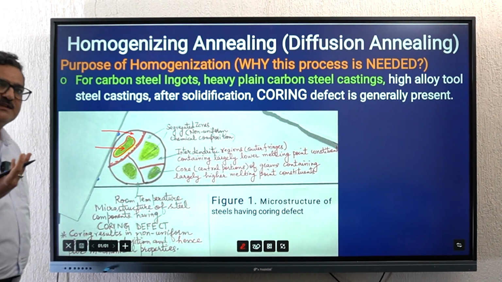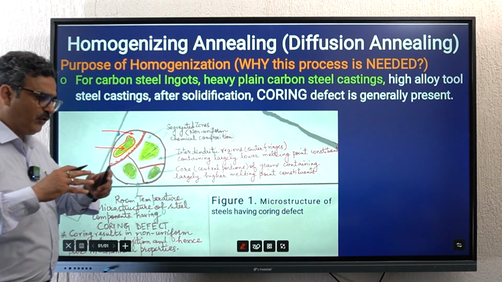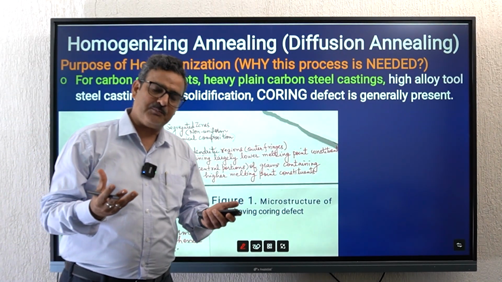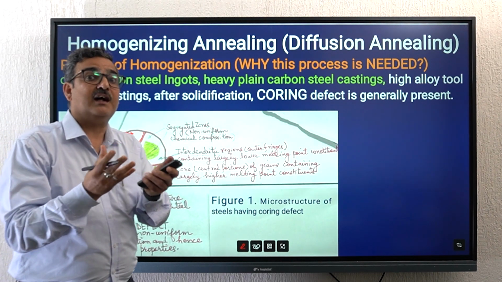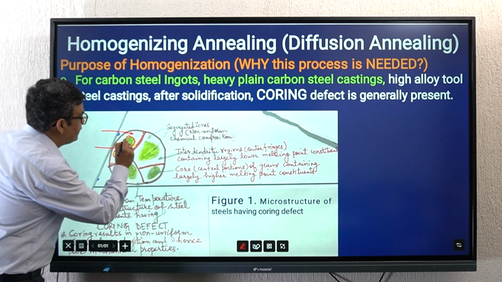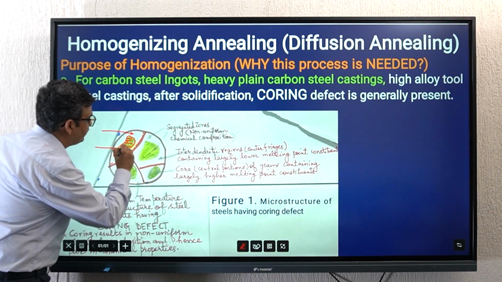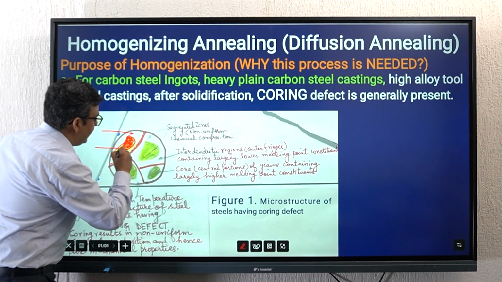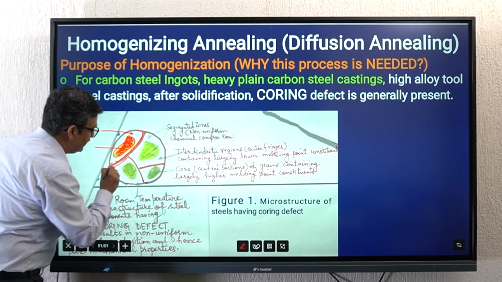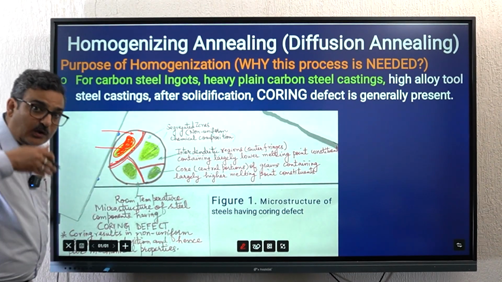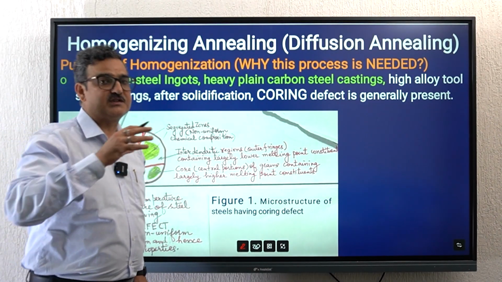What experience tells us is that out of all the constituents which are making up your material system, the constituents which have relatively higher melting point make up the central portion or the core of the grains. And this outer fringing area or areas near the grain boundaries, here the lower melting point constituents are more concentrated.